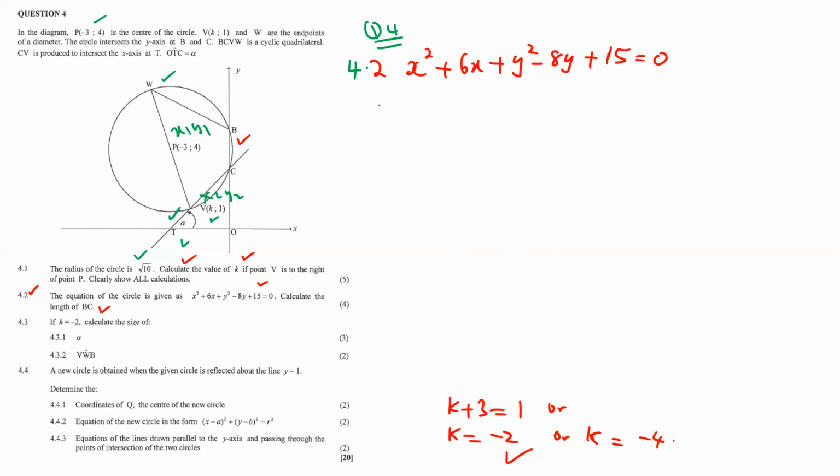Now, at this point, you will be interested in finding the y-intercepts. Because B and C are the y-intercepts, how do you find the y-intercept? You let x be equal to 0.